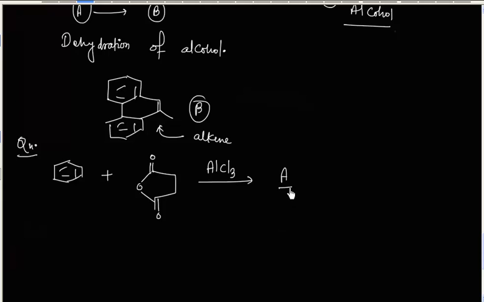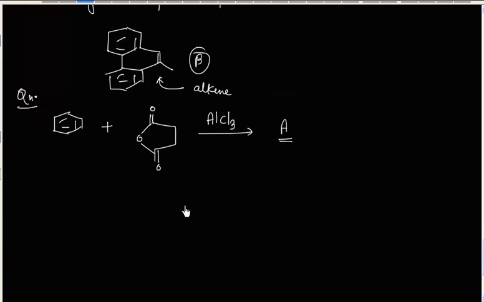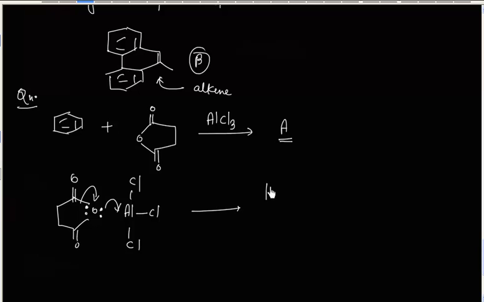So let us derive a structure of A. Once again we have to generate an acylinium ion. So we have AlCl3, it will act as a Lewis acid. So this goes here, and at the same time we can break this bond to generate an acylinium ion.